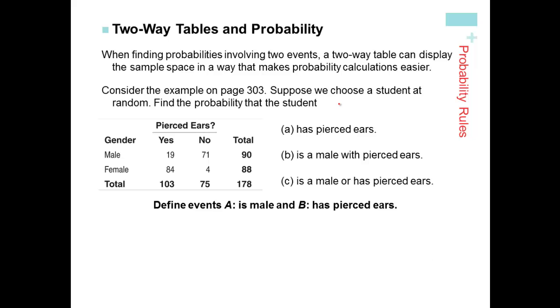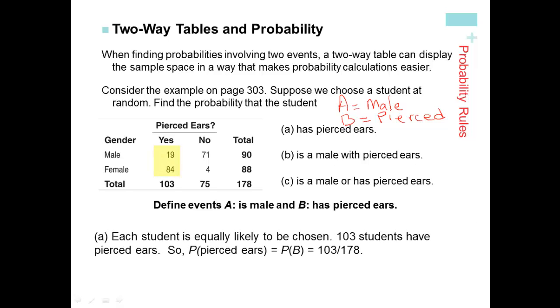For this problem, I'm going to define two events. Event A, I'm going to define as being male. And event B, I'm going to define as having pierced ears. I want to find the probability that the student has pierced ears.